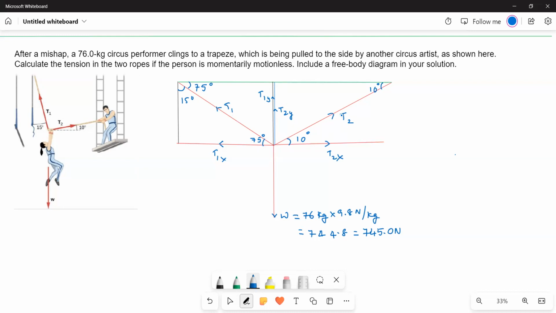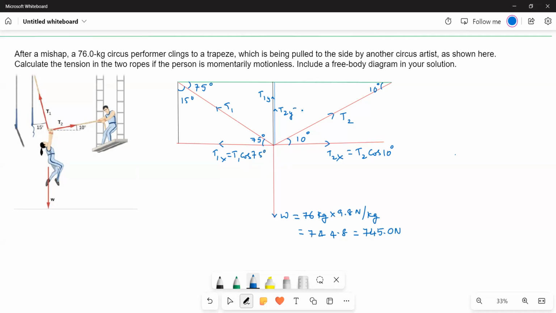The horizontal component of tension T2 is T2x, and the vertical component is T2y. Now I will write it. T2x is equal to T2 cos 10 degrees, the adjacent side. Here this is T1 cos 75 degrees.